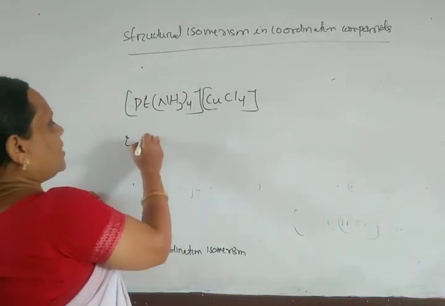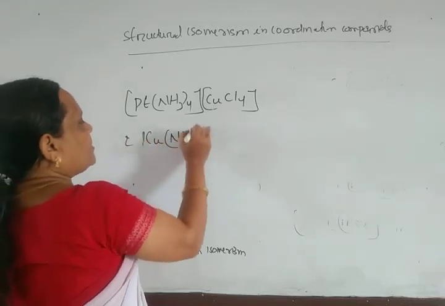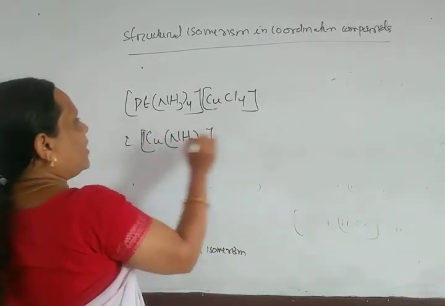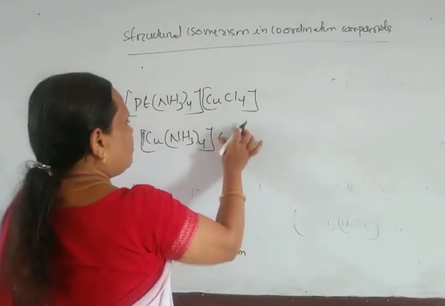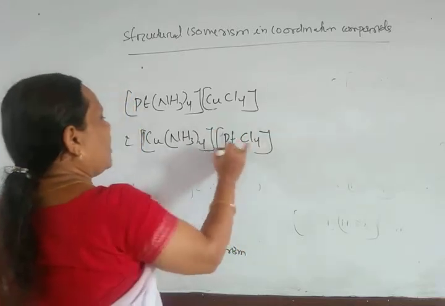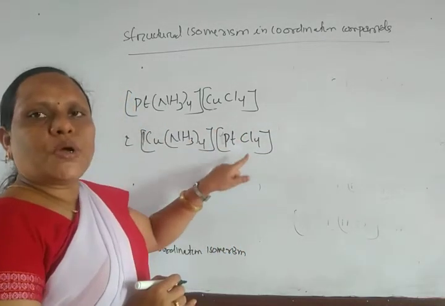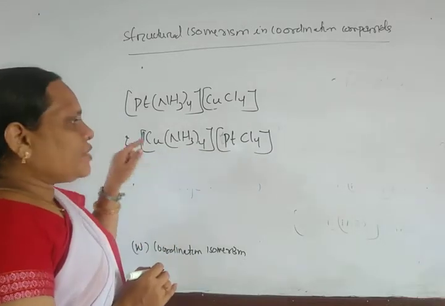And suppose another, [Cu(NH3)4][PtCl4], and this one is tetraamminecopper(II) tetrachloridoplatinate(II).